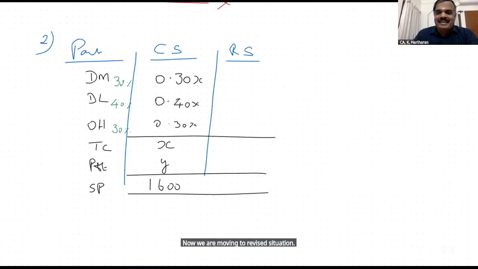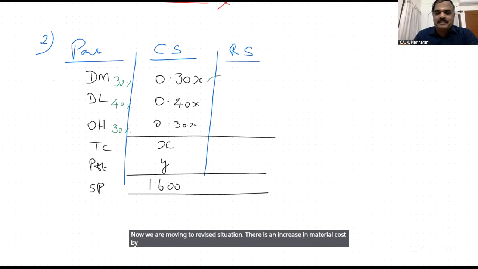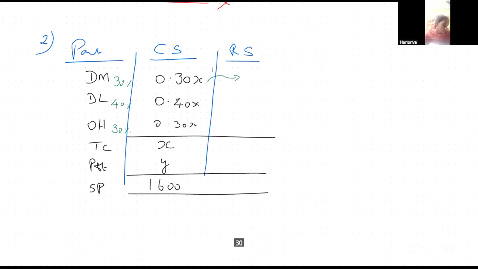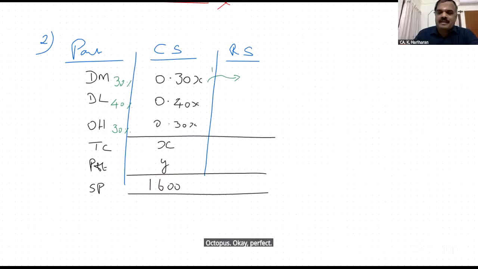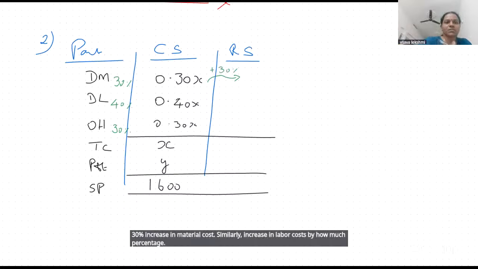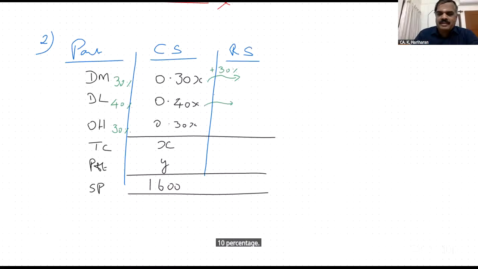There is an increase in material cost by 30%. Similarly, labor cost increases by 10%. And there is no change in overhead.